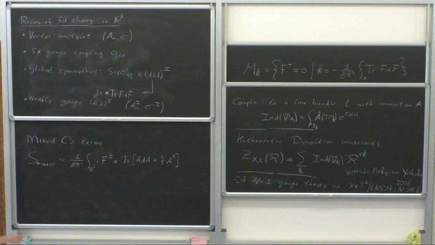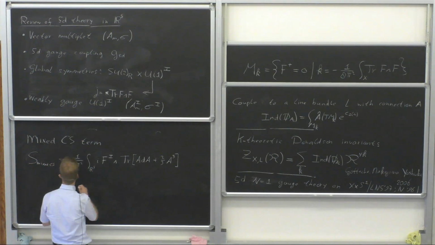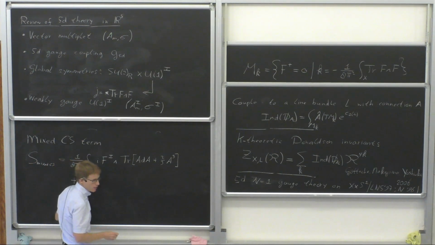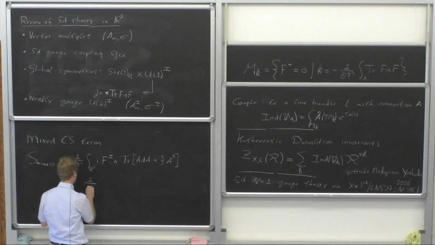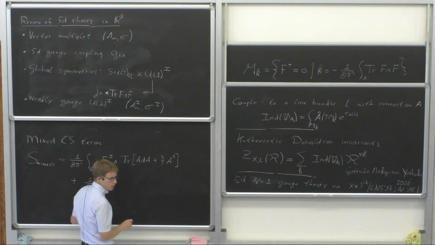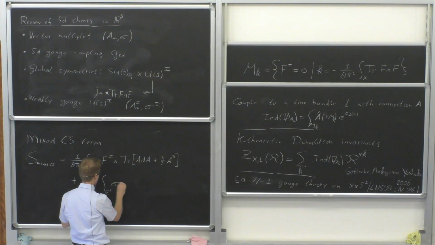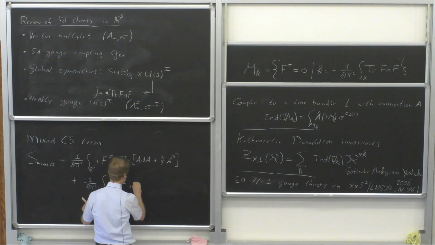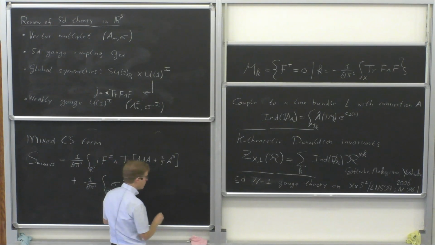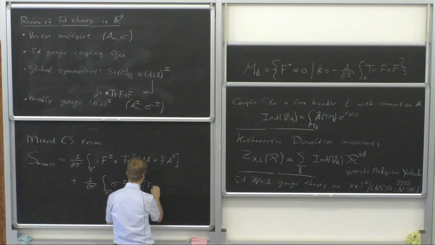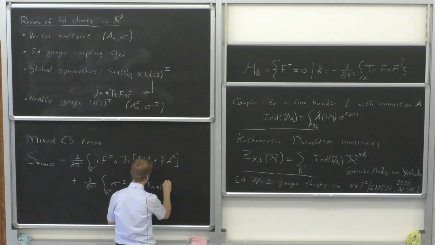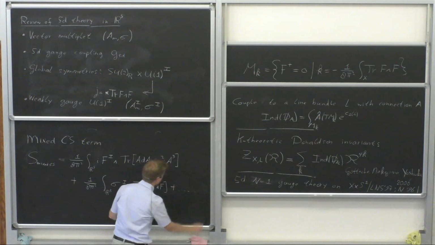Okay, and we can supersymmetrize this term, and one term you will find is the following integral over R5, sigma^I, trace of F wedge star F, plus many other terms.